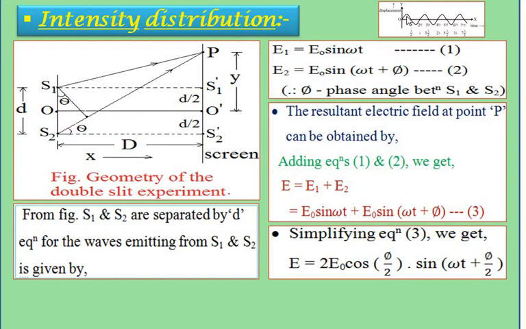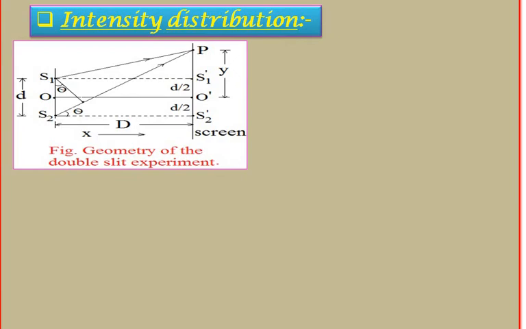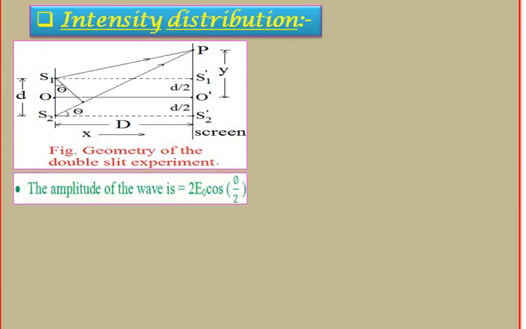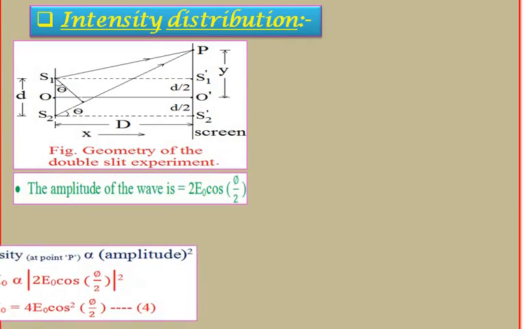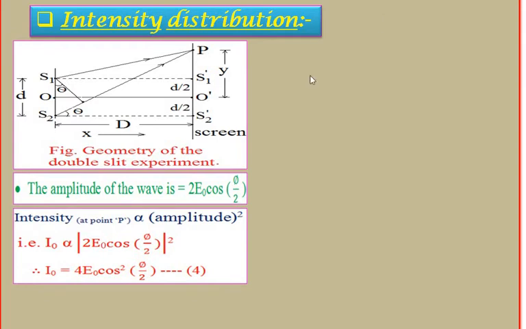When amplitude is maximum, intensity is also maximum, because intensity is directly proportional to the square of amplitude.